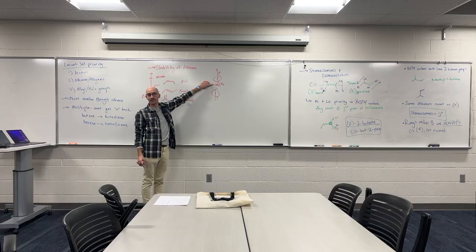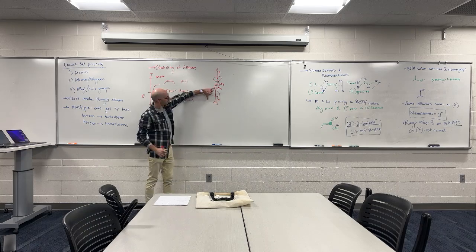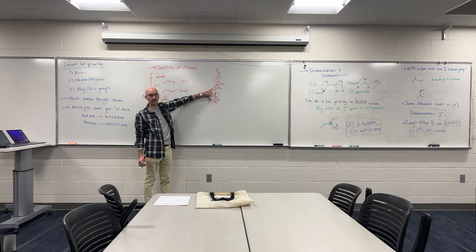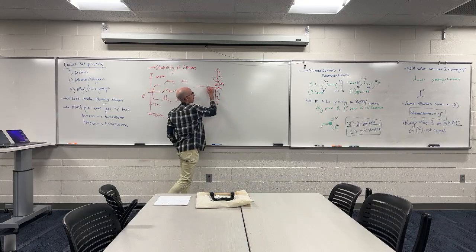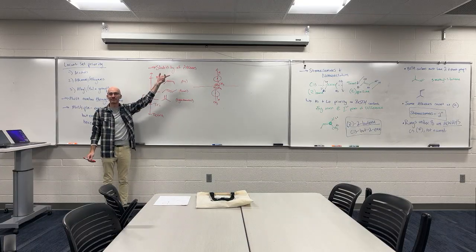Steric strain. It's got those large non-H groups next to each other. And this group doesn't have that steric strain. It's got methyl eclipsed with hydrogen. So why is cis less stable? Steric strain.